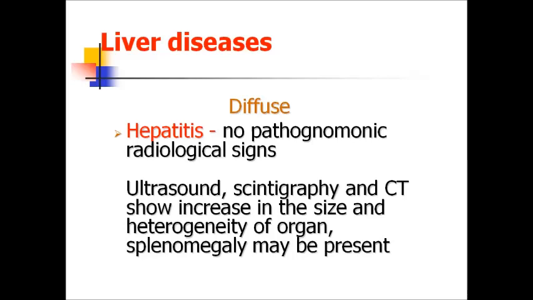Hepatitis has no pathognomonic radiological signs. Ultrasound, scintigraphy, nuclear medicine, other methods of nuclear medicine, for example PET, but there is no need for PET in hepatitis. CT will show only increase in size and heterogeneity of organ.